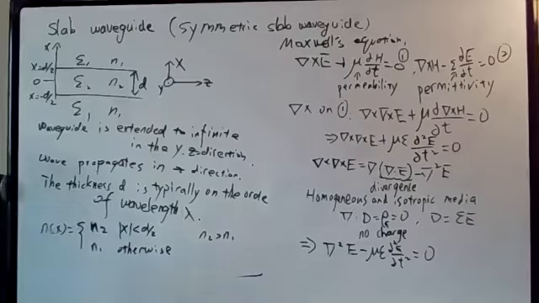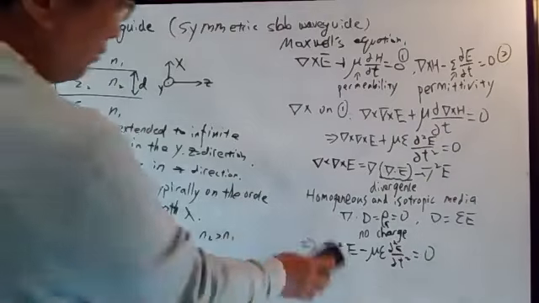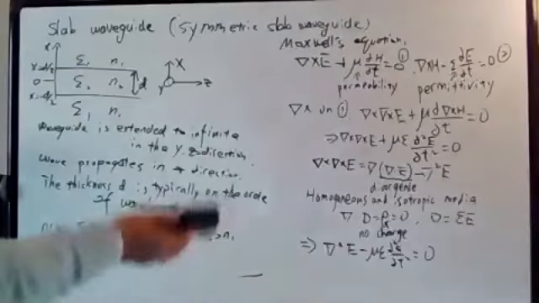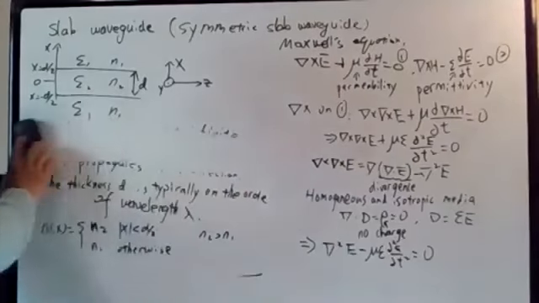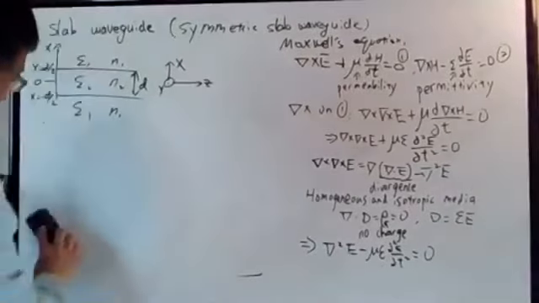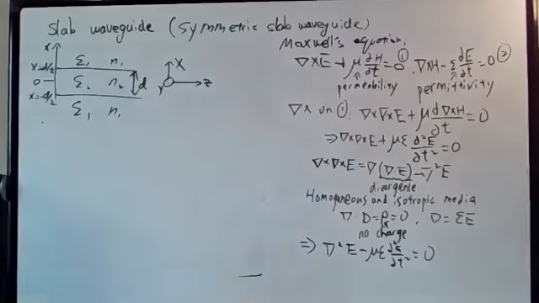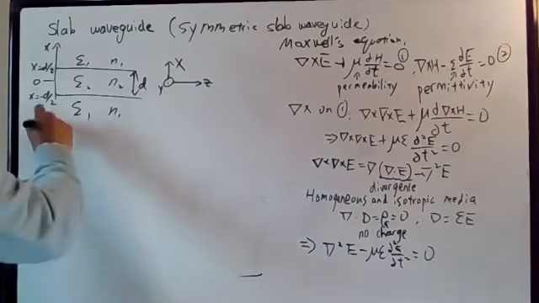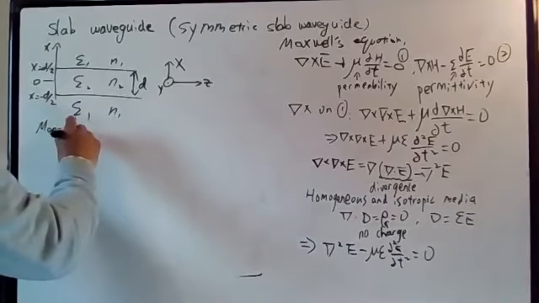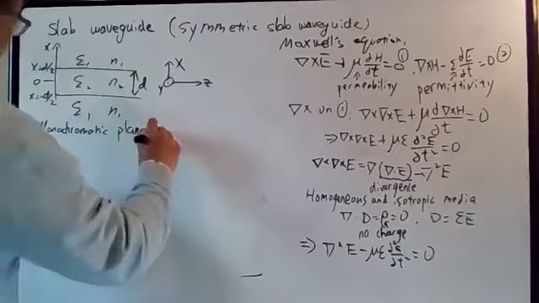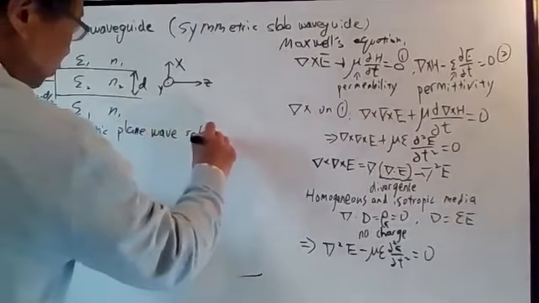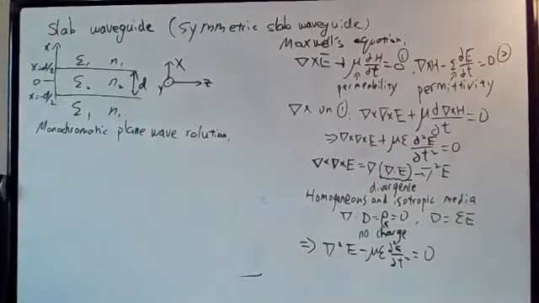Okay, so now we got this equation. This equation is not general. It only applies to homogeneous and isotropic media where there is no charge. Now let's assume for this problem that we will have a monochromatic plane wave solution.